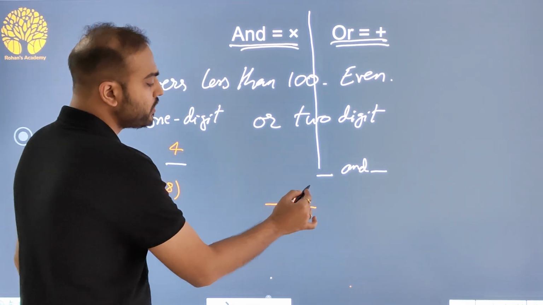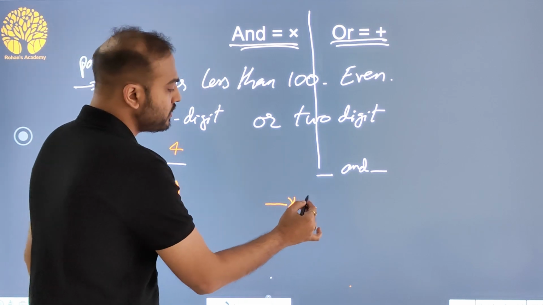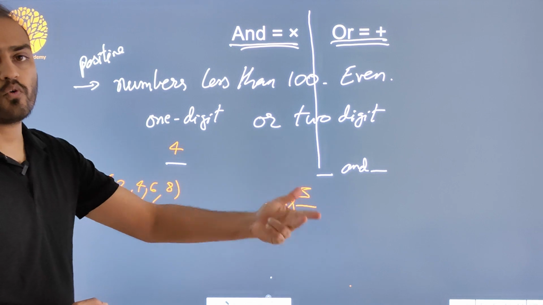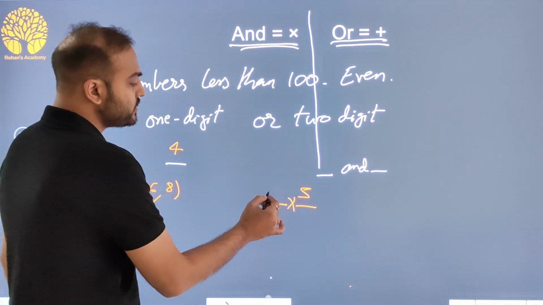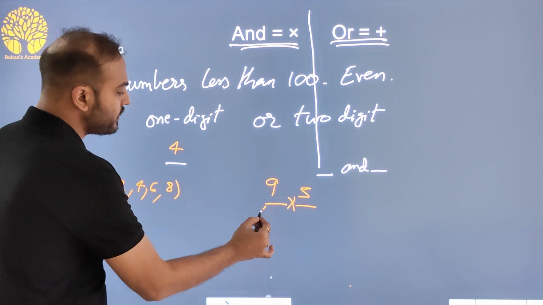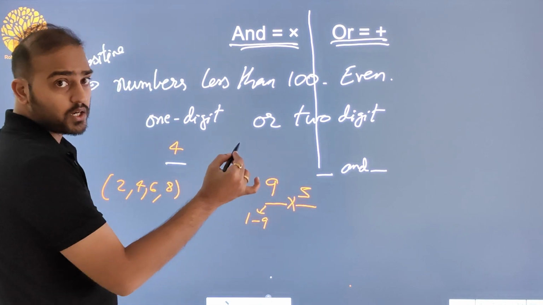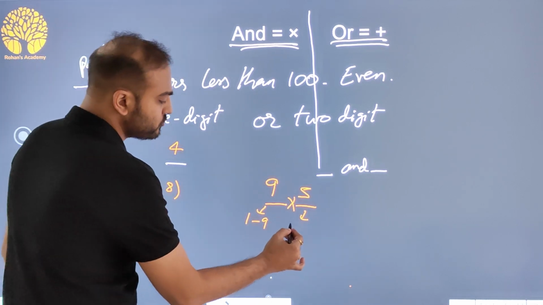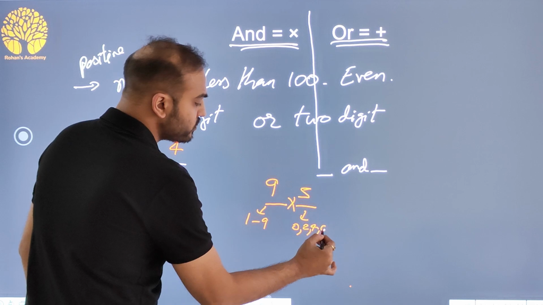Since I want an even number, the last digit has 5 options: 0, 2, 4, 6, 8. The beginning digit can be 9 options, 1 to 9, it cannot start with 0.